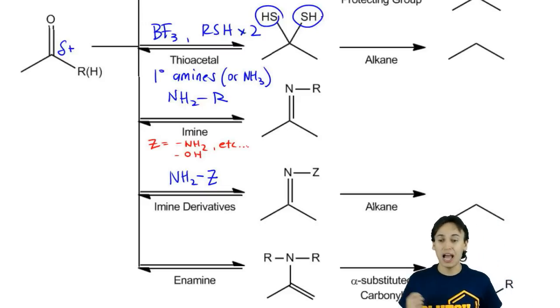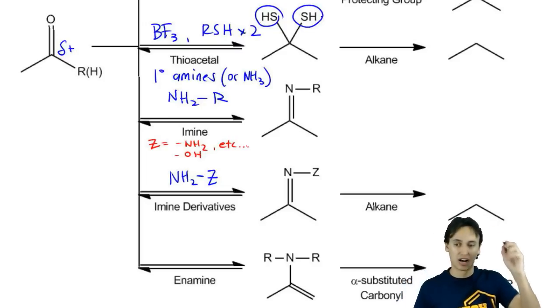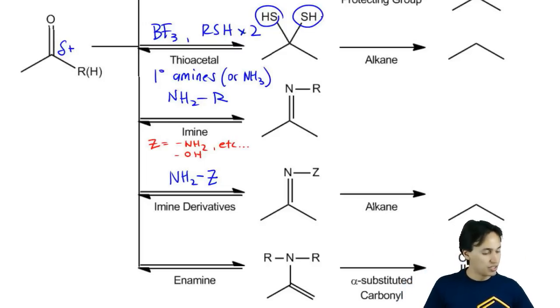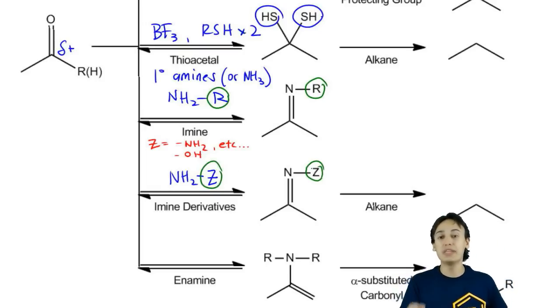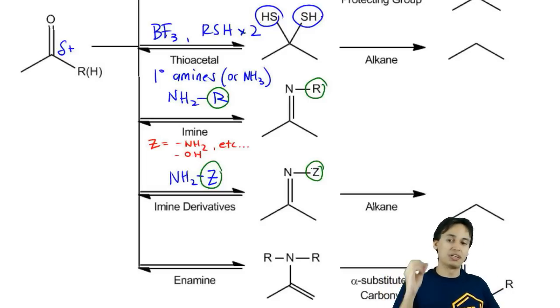But if you add something else instead of that R, then you're going to get an imine derivative, because instead of getting the R at the top, which is what's attached here, now you're going to get a Z instead. Makes sense? So that would be what we call an imine derivative, because it looks like an imine, but instead of having an R group, it has a Z group.